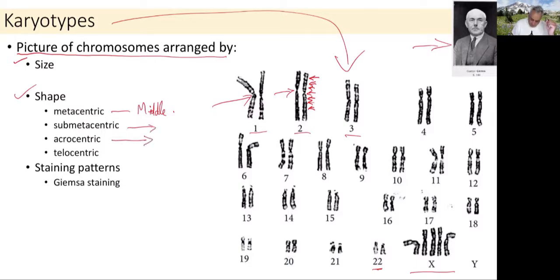Acrocentric would be something that's definitely towards one end rather than the other. So here we have some acrocentric, and here, and there we have some acrocentric chromosomes. And then finally, we have telocentric. Telocentric normally means near the end of the chromosome. We have 3 pairs of human chromosomes that are telocentric. So these are important classifications that you find for chromosomes.